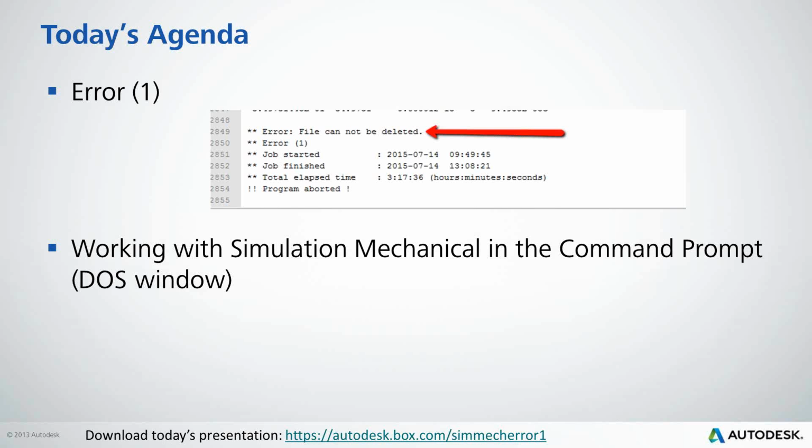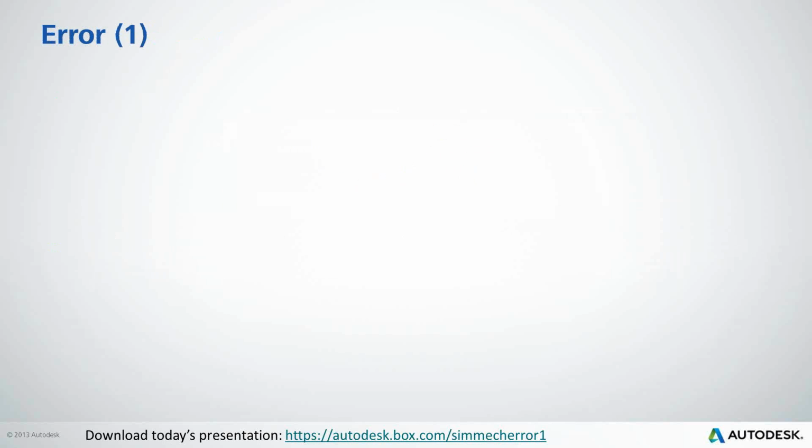Thank you, Dean. Like Dean mentioned, we're covering Error 1 briefly today, and most of the presentation is going to be about DOS. Many of you have seen that error pop up occasionally. It's really a generic error message, but it pretty much tells you what it's complaining about.